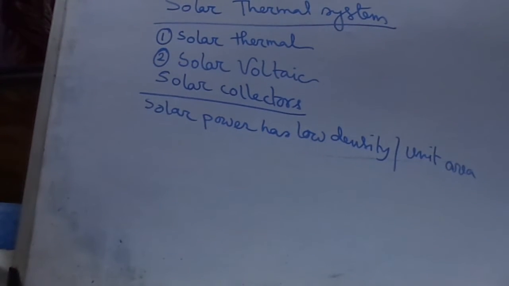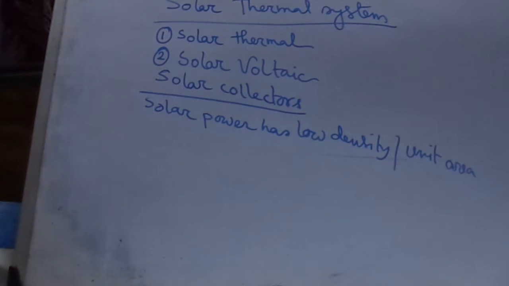Hence, it is collected by covering a large ground area with solar thermal collectors. A solar thermal collector essentially forms the first unit in a solar thermal system.